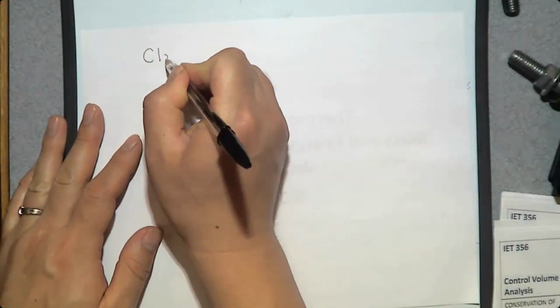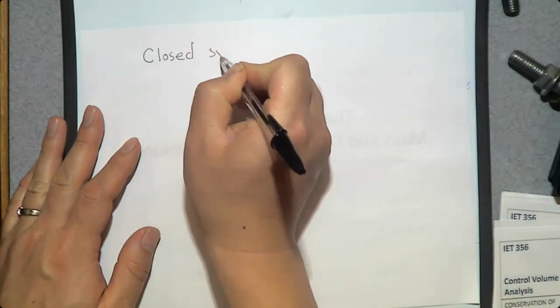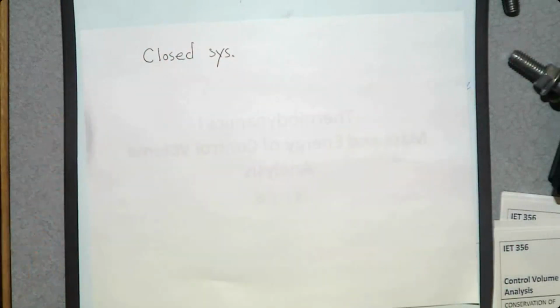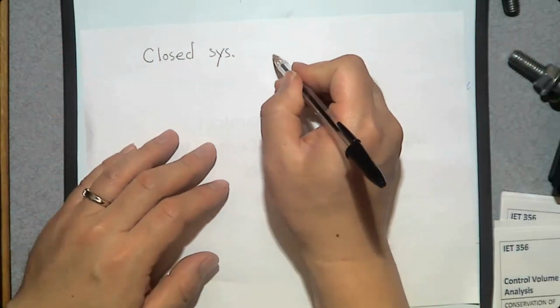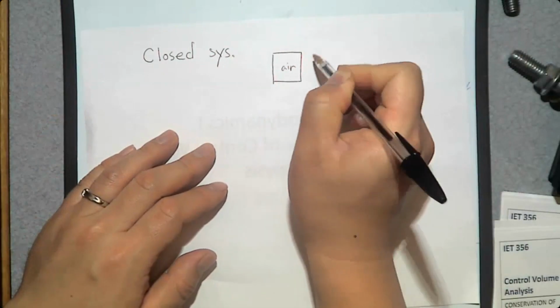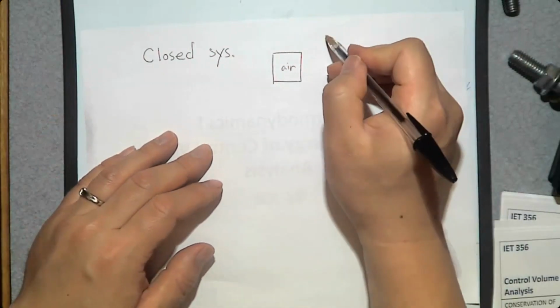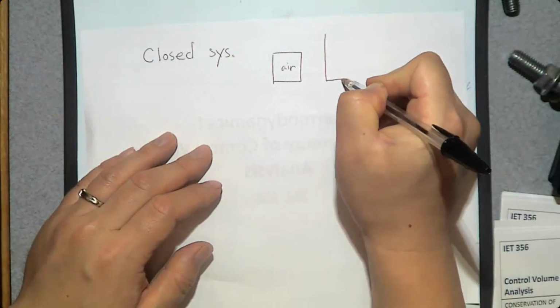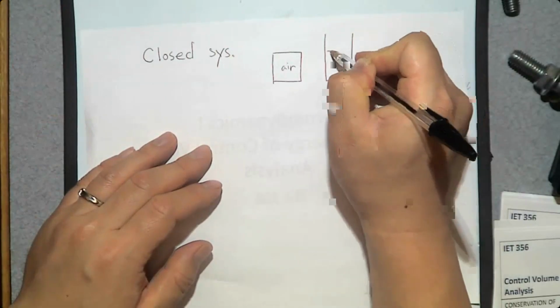What is the definition of a closed system? Something completely closed? Not necessarily. If you have air in this rigid container, yes, that is a closed system. What about if it is an open cup, and there's water in it?